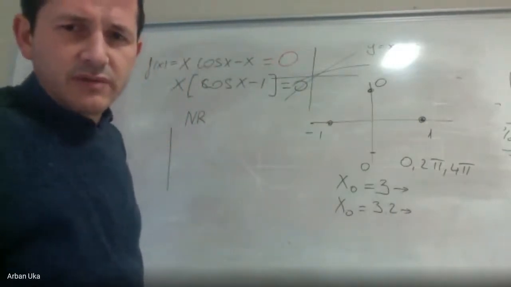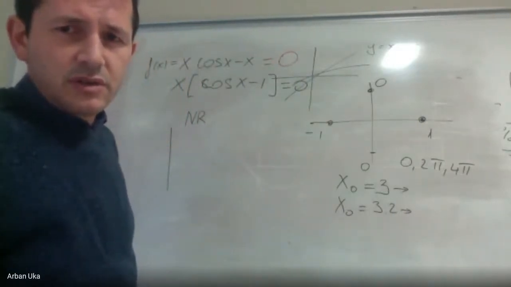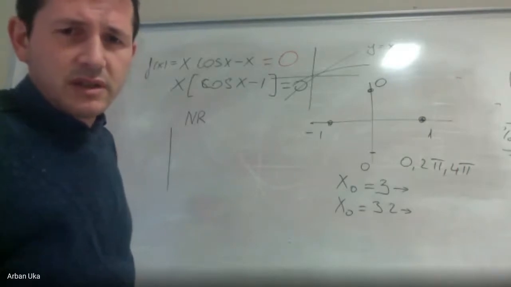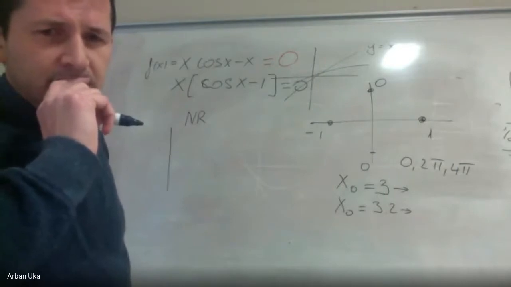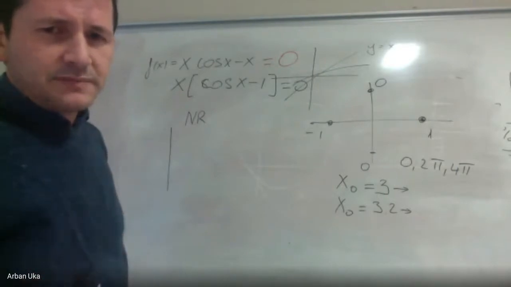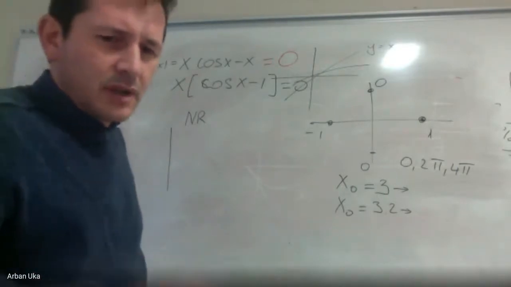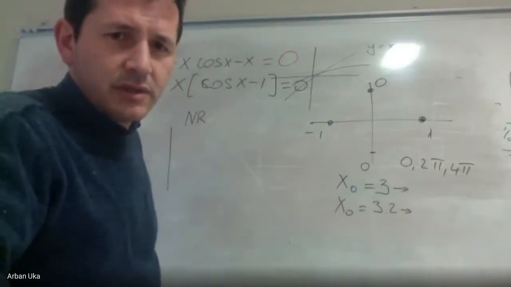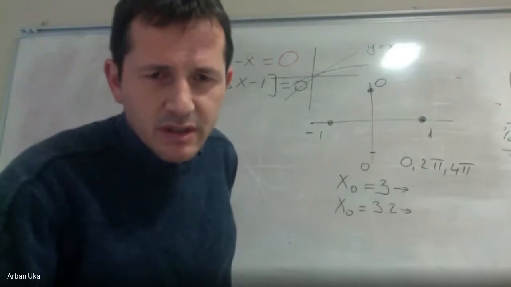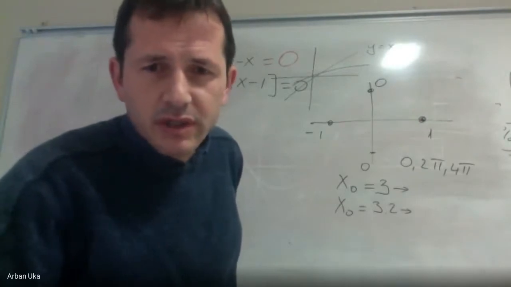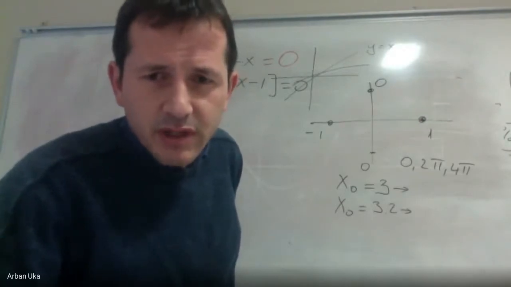Let me see if I have a figure here. No, apparently I don't. I thought I had. Okay, but let's stay here. Probably, let me have a look here, since the screen is shared. And by the way, let me try to identify where I have this one.